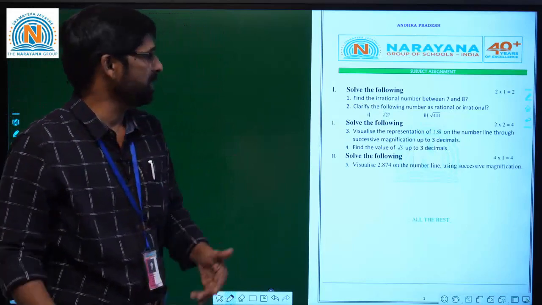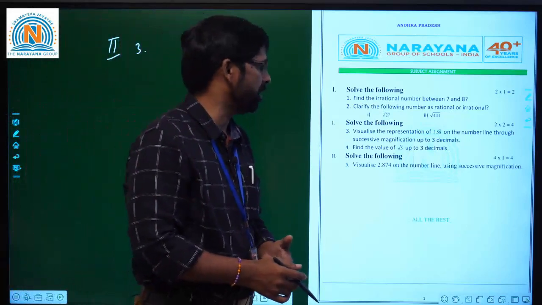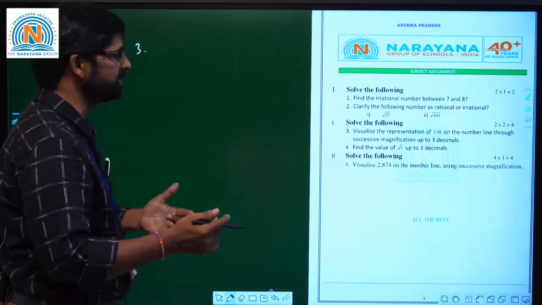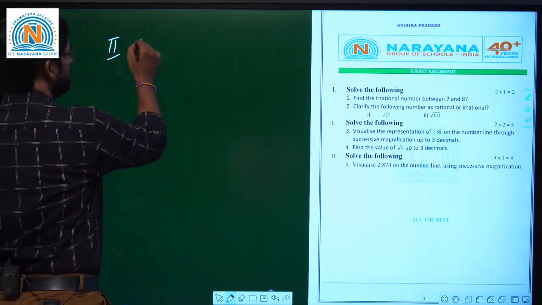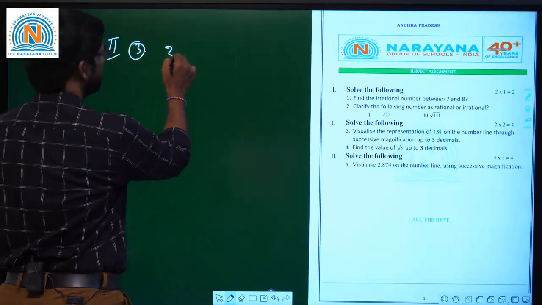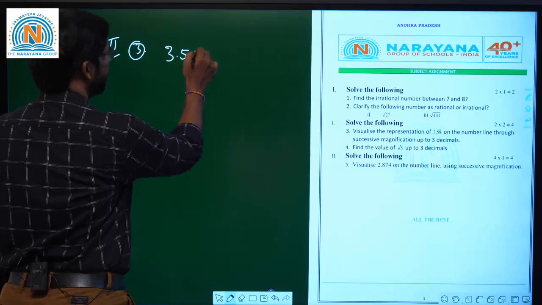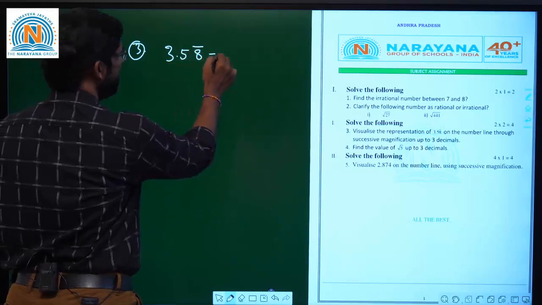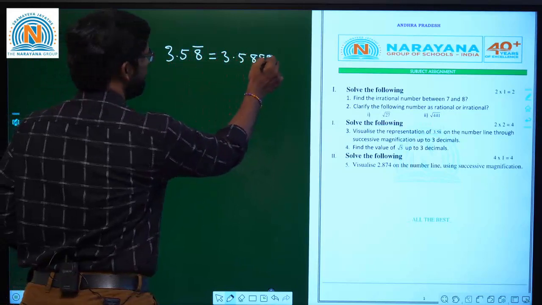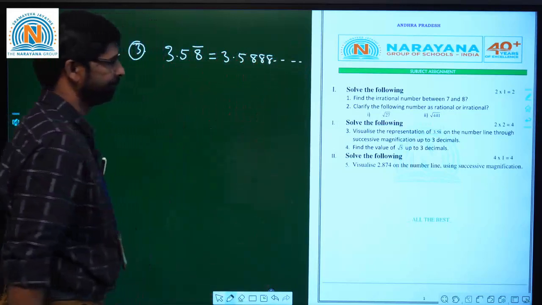Visualize the representation of 3.58 bar on the number line through successive magnification up to 3 decimal places. The given number is 3.58 bar, the recurring part is 8. So it can be written as 3.5888 and so on.